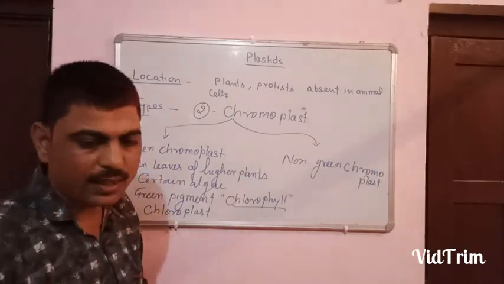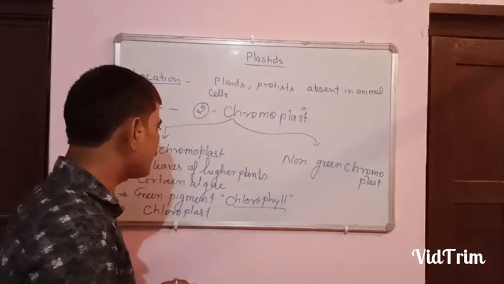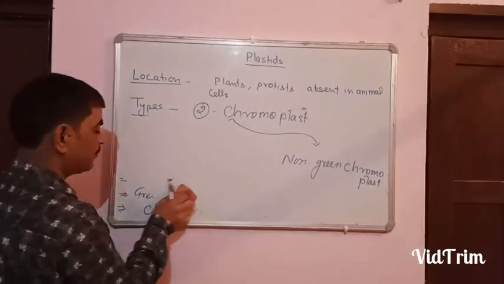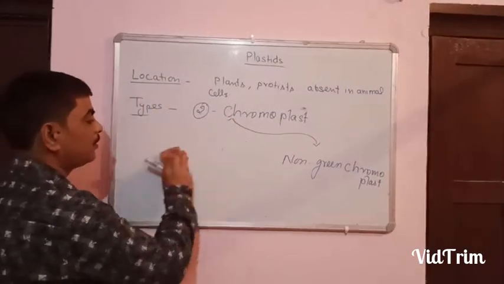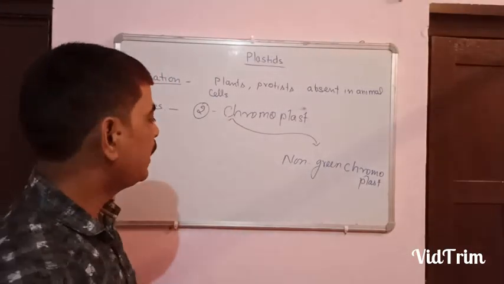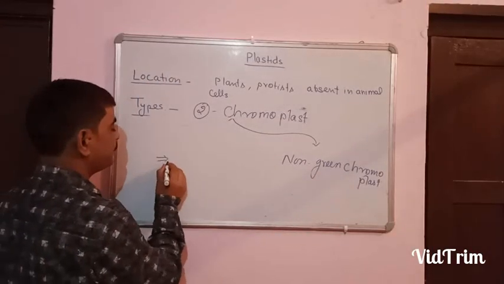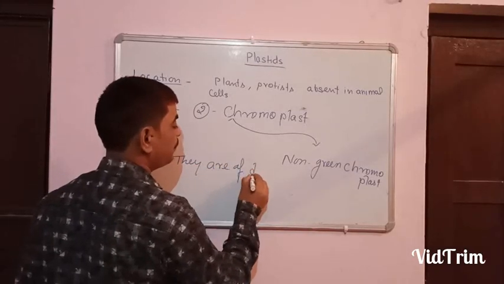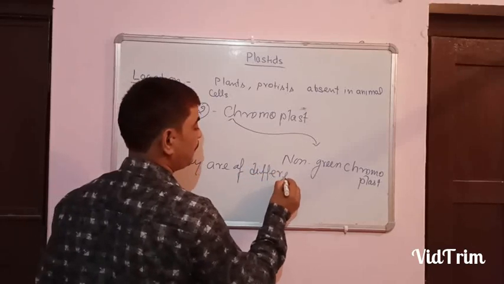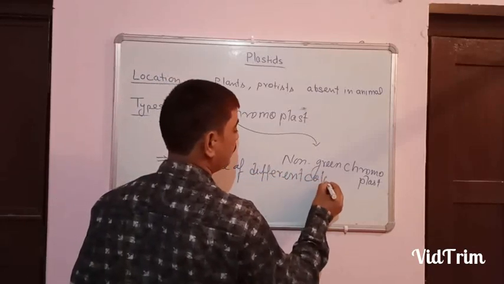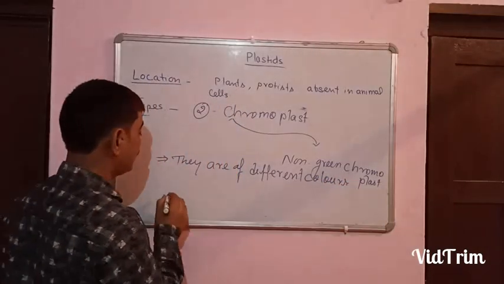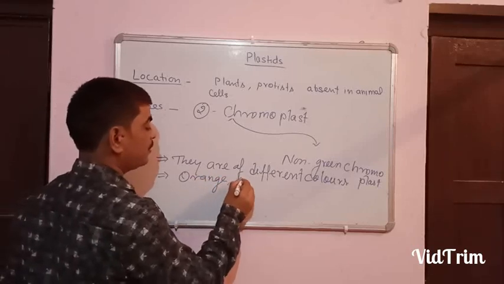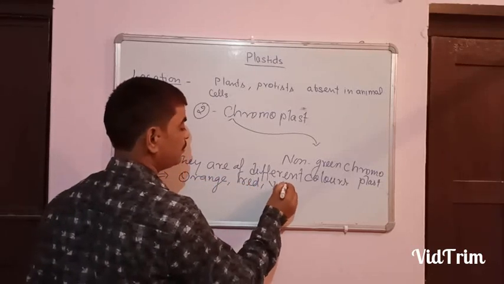Okay. Non-green chromoplasts are of different colors: orange, red, yellow.